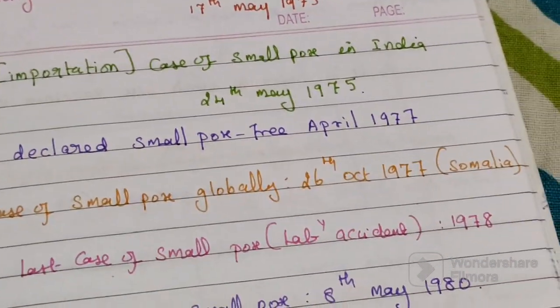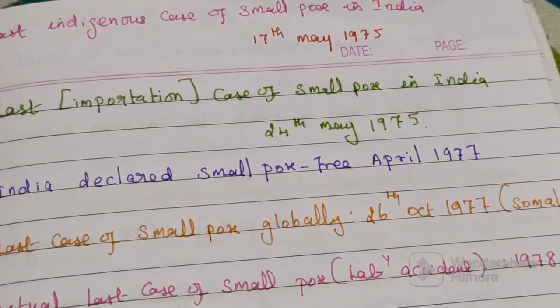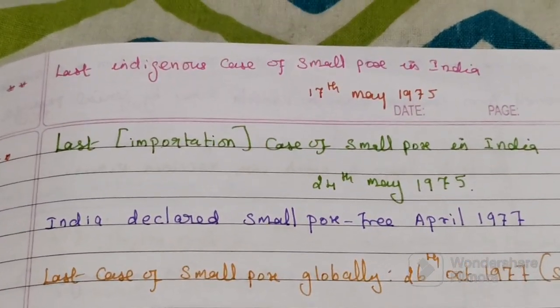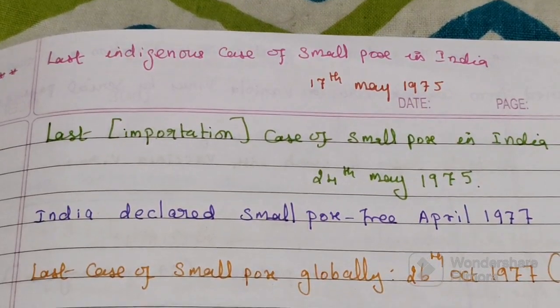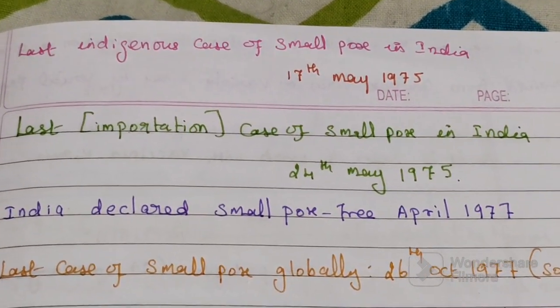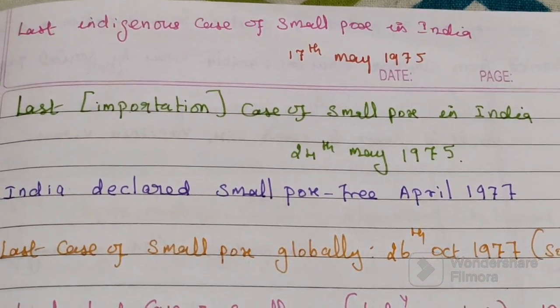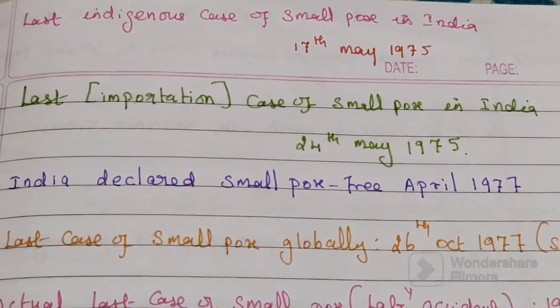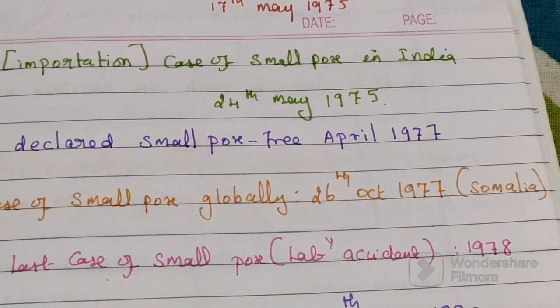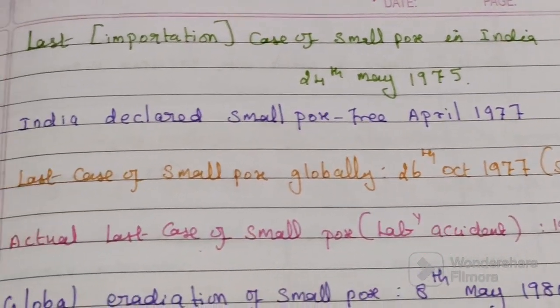After that, till 2023 no cases. Last indigenous case of smallpox in India 17th May 1975. Last importation case of smallpox in India 24th May 1975.